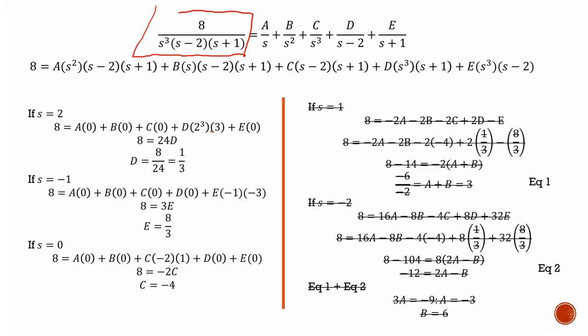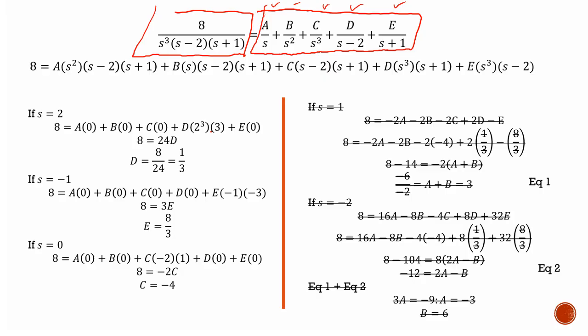So A over s plus B over s squared plus C over s cubed plus D over (s minus 2) plus E over (s plus 1). This will be the partial fraction form.